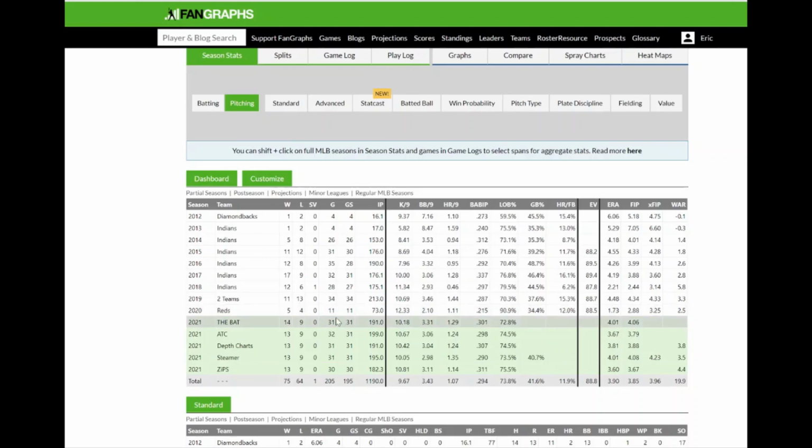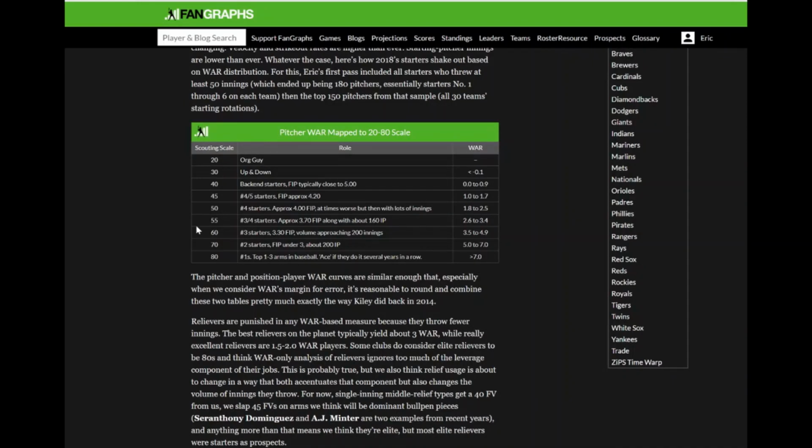So if we give Bauer a full season of 33 starts in 2020, it's another 5 WAR. So that's 25 WAR. And divide that by his 7 seasons of team control, then we're at about 3 to 4 wins above replacement on average. And that's in the 60s, 60 future value guy.